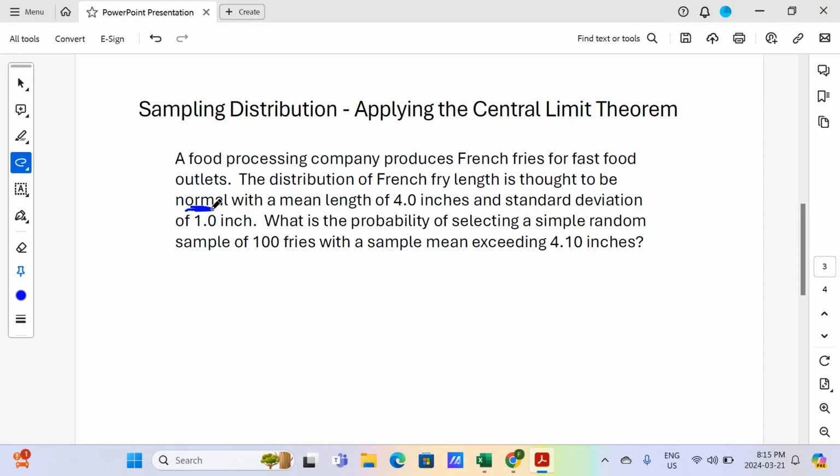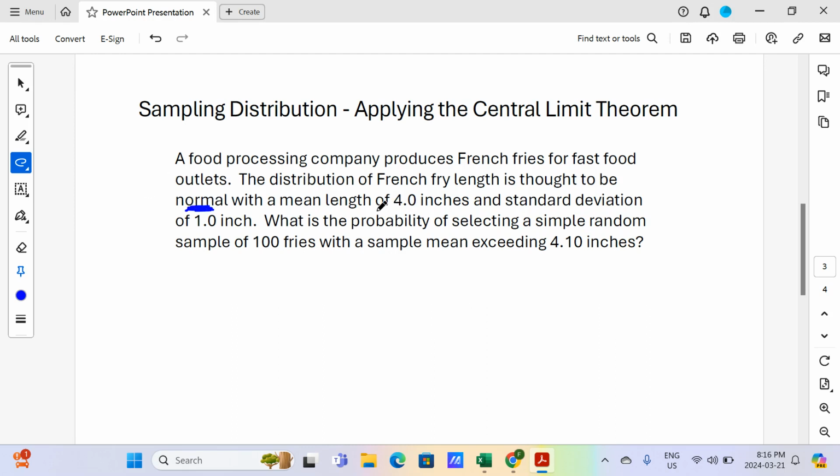But here, because the population is normal, the distribution of X bar is also normal, bell-shaped, and the mean of the sample mean X bar is exactly equal to the population mean, and the standard deviation of X bar would be population standard deviation divided by the square root of n.